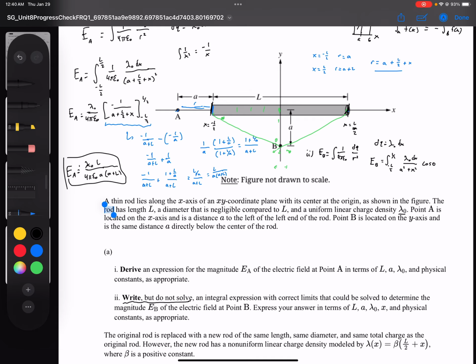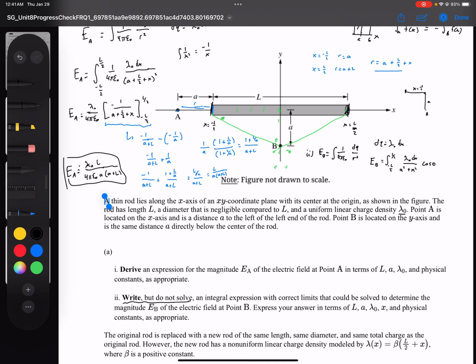So let's imagine I take some little charge element over here at the edge. I have this little piece of charge, and then I'm looking at point B. Well, it starts off some distance x from the center. Technically, it's going to be at x equals negative L over 2. And then here, the height is going to be that distance a.